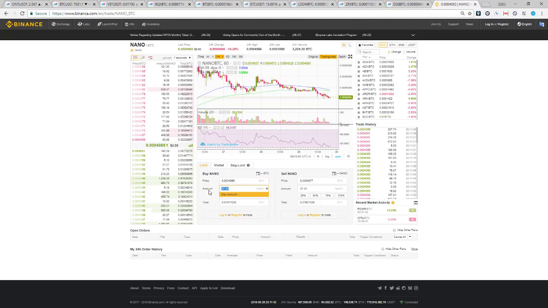So the better strategy is to place an order to buy Nano at 4066. You're going to buy 500 of them, and then that order is going to appear in the buy side of the order book: 500 units for 4066 Satoshi. And then as soon as that spread gets closer, as soon as somebody is willing to sell at that lower price, say the price starts going down and everybody thinks the price is about to drop, people will start placing those limit orders for a cheaper price.